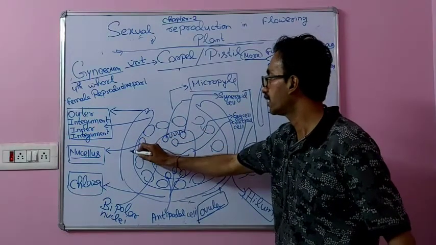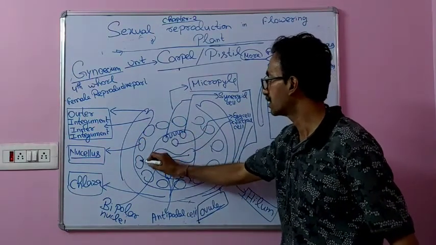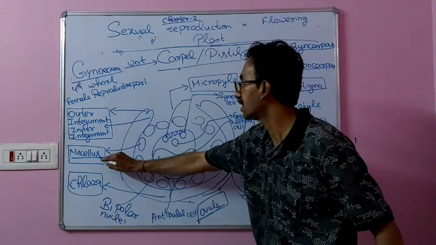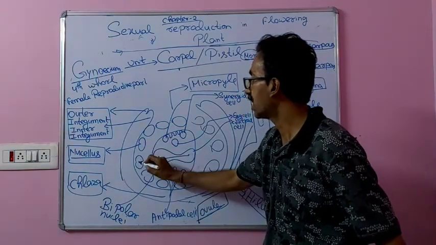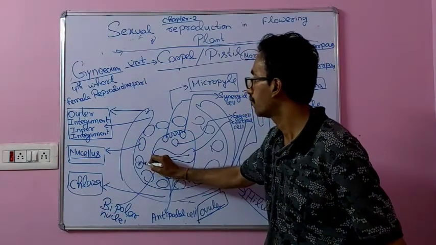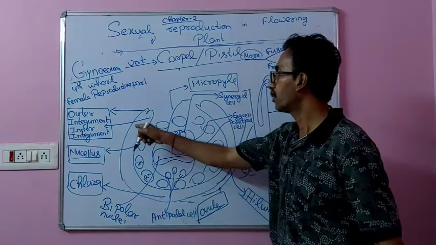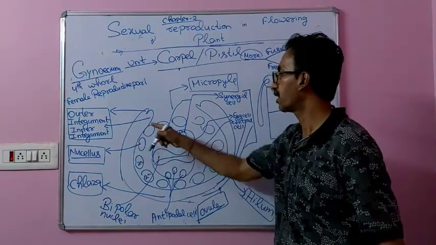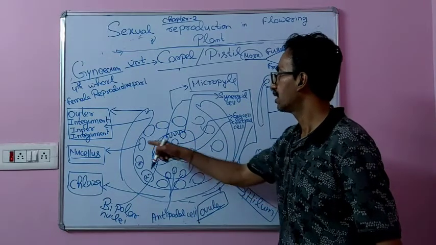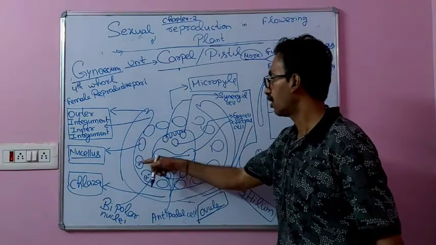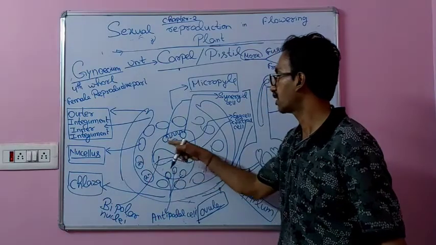Next to the integument layer is the nucellus layer. All these cells are diploid. The integument layer is responsible for giving protection to the innermost layer. The nucellus layer is also responsible for giving protection to it.